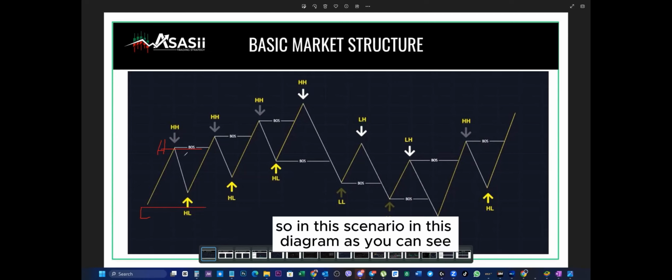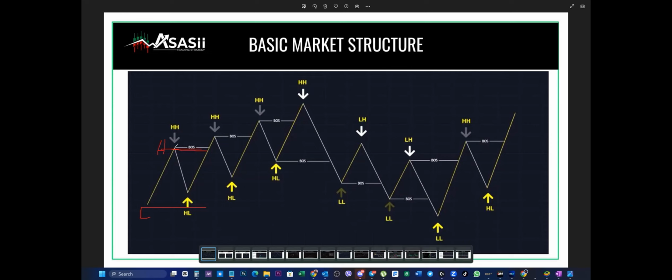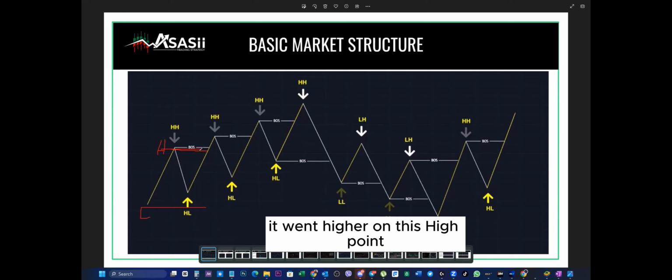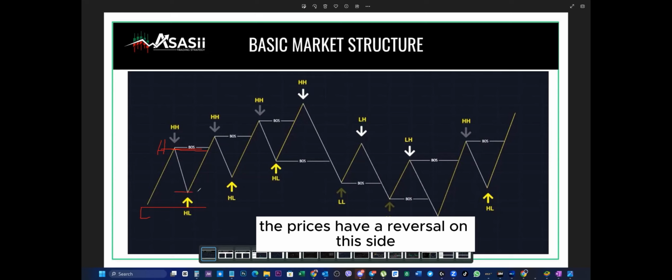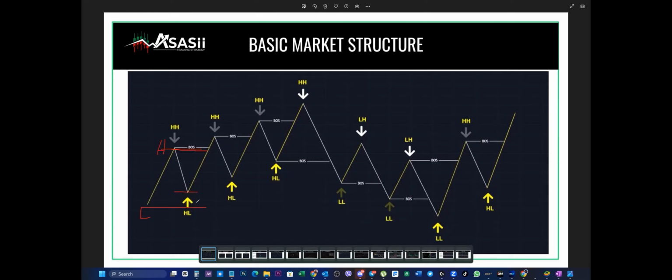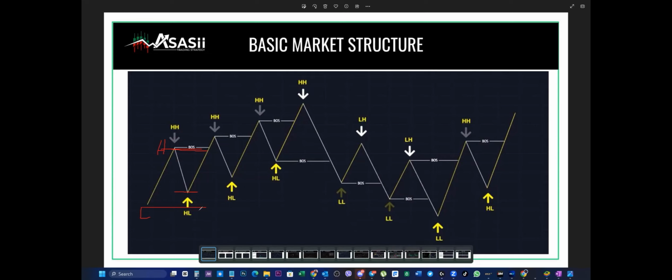In this scenario, in this diagram, as you can see, we have a break of structure on this side. Tinaasan niya yung high na to. Also, the price has a reversal on this side, which did not go beyond the low of the price.